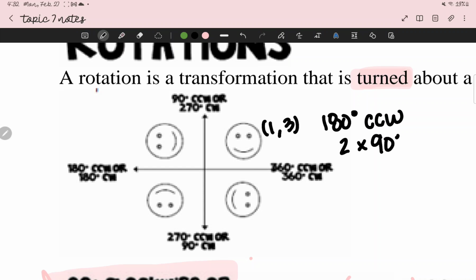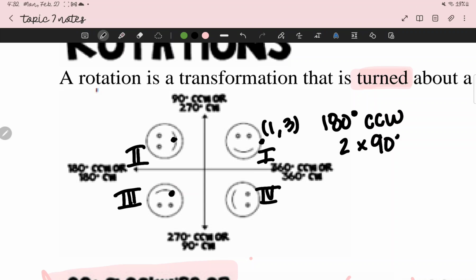So I'm going to go from quadrant 1. Here's 1, 2, 3, and 4. If I'm going counterclockwise, I'm going the opposite way of a clock. So this is my original, 90, 180, and I'm going to end up in the third quadrant.